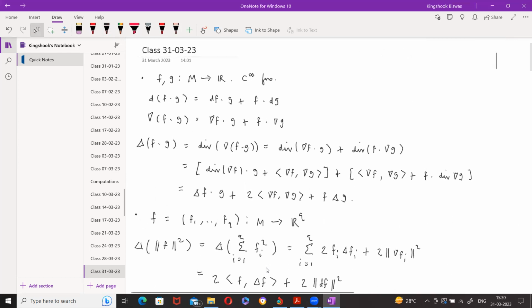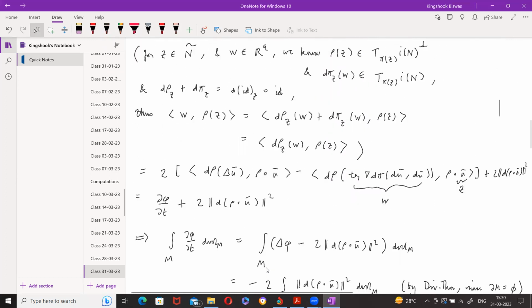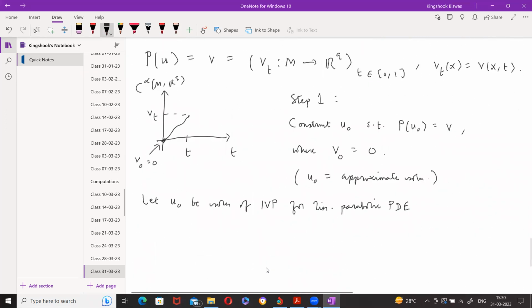The linear parabolic PDE will be del u naught del t minus Laplacian u equal to minus trace of nabla d pi of df bar comma f df bar.